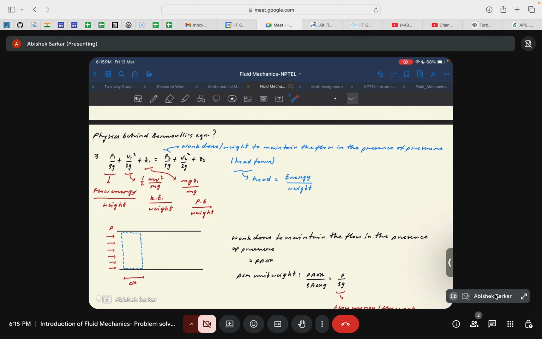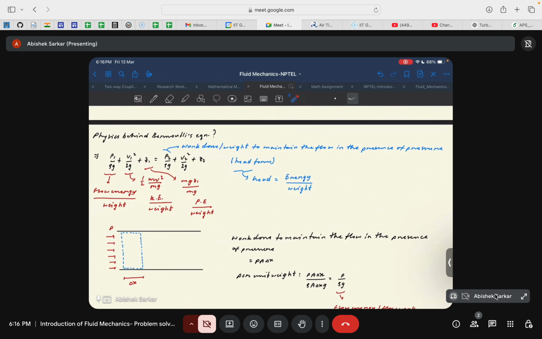In the previous classes, we discussed briefly the continuity equation, which is the fundamental equation for mass conservation, correct. Then Euler's equation of motion, which is the equation of momentum conservation for inviscid flows, okay.